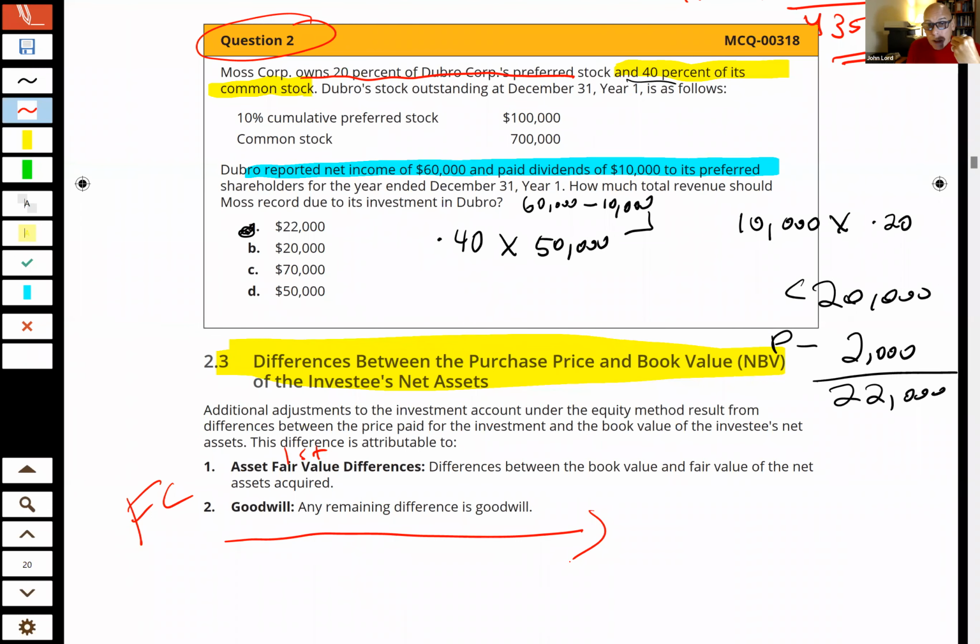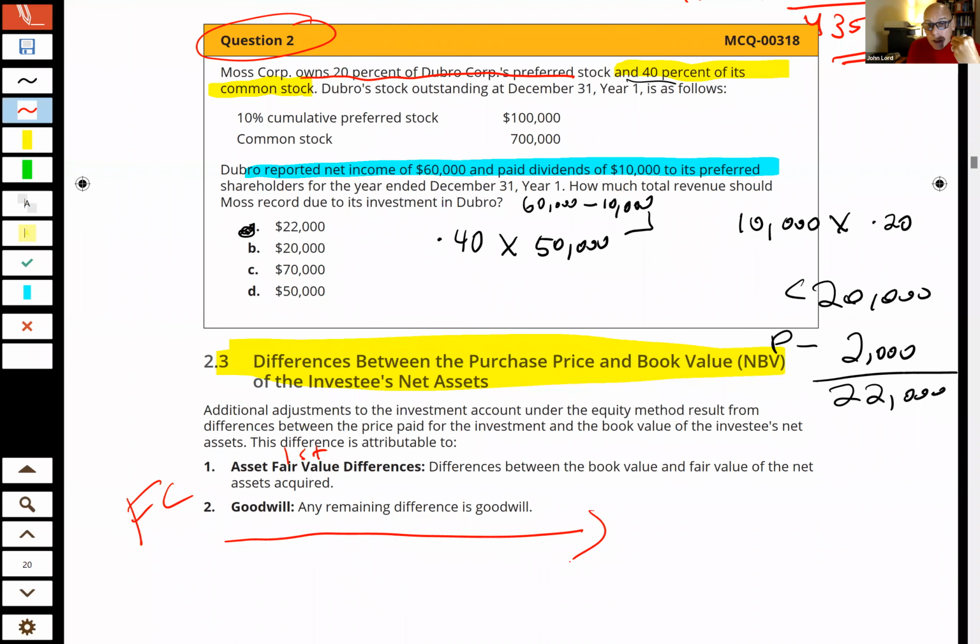The assets were listed at 10,000 and you wrote them up to 15,000. Now, instead of depreciating 10,000 over, say, the remaining 5 years, you'd have to depreciate 15,000 over the remaining 5 years, which is going to bring down the income of the investee and thus bring down the equity investment income reported on the income statement of the investor.